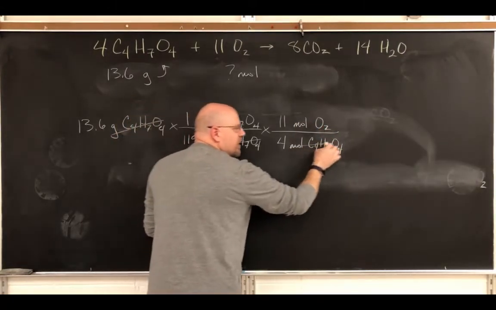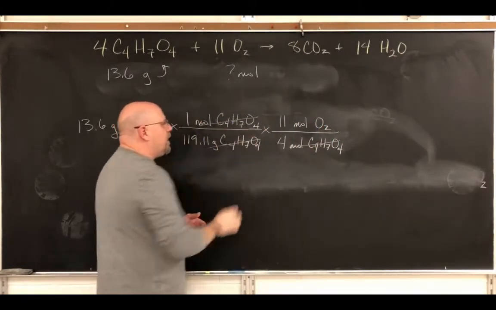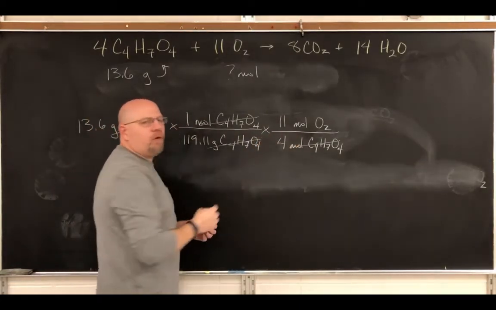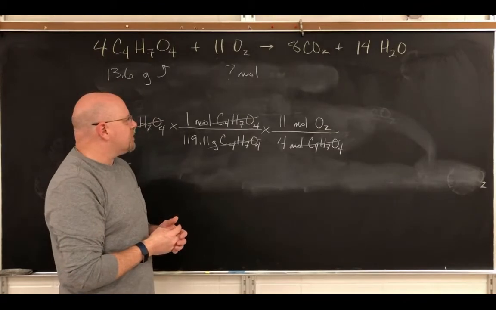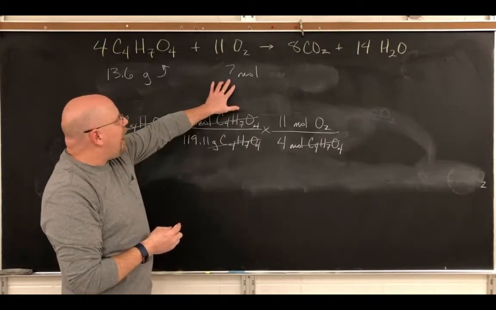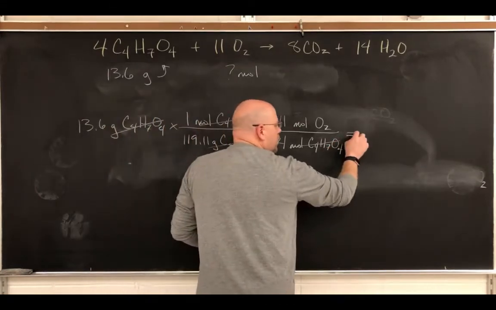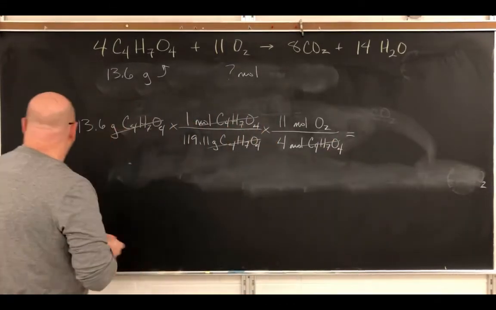That allows us to cancel out the moles of C4H7O4 and leaves us with the unit of moles of O2, oxygen. And that's what we're looking for. How many moles of oxygen do we want? So we're done. All we need to do now is calculate it out.